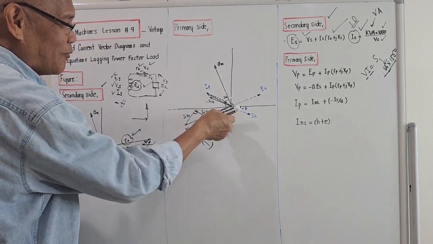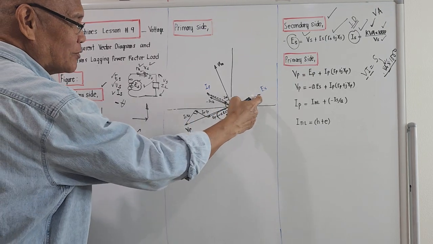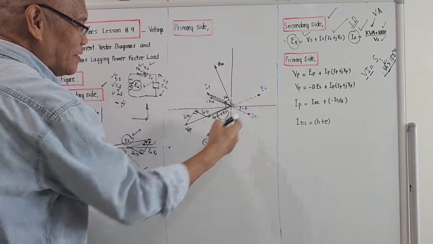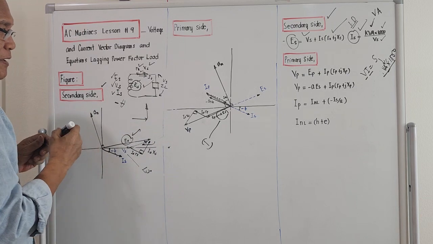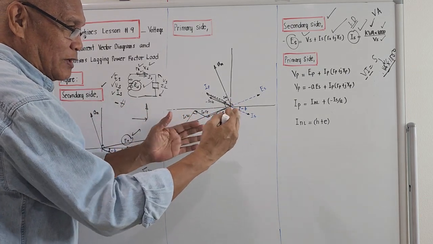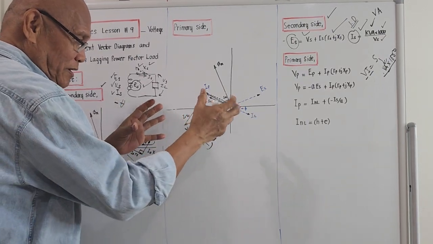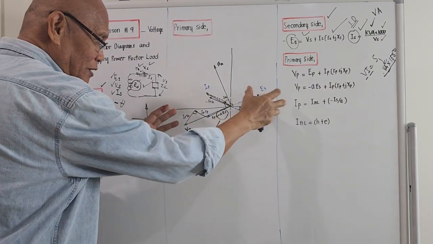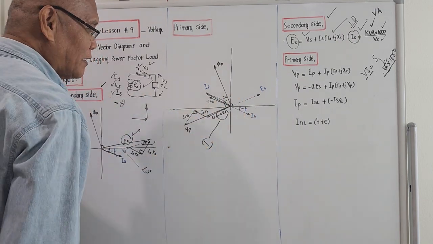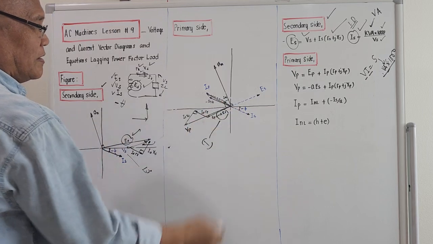So this is now the equivalent of E sub P, based on the secondary computed E sub S. Because as we go to the primary, all values on the secondary, we try to solve back, so we could carry the values computed in the secondary to the primary. So this is now E sub P.